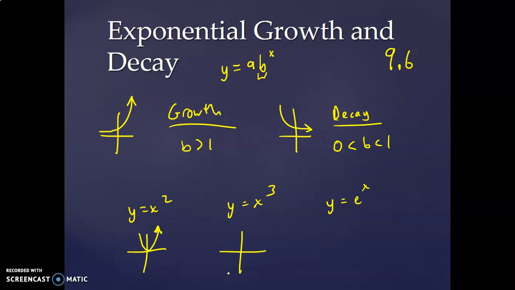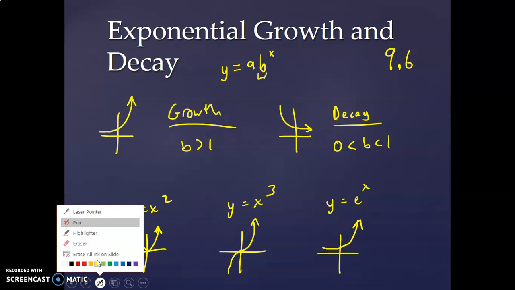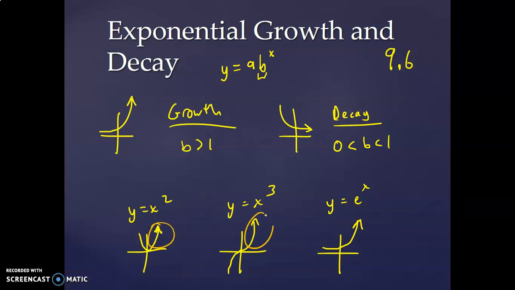So quadratic, cubic, e to the x, they all look kind of similar when you're looking at this piece. So when you hear exponential growth on the news, take it with a grain of salt, because people use the word exponential without really meaning that it's exponential. Because again, exponential would mean that you're multiplying by the same thing every time, which is not happening in a quadratic or a cubic case. They all look like they're growing fast.